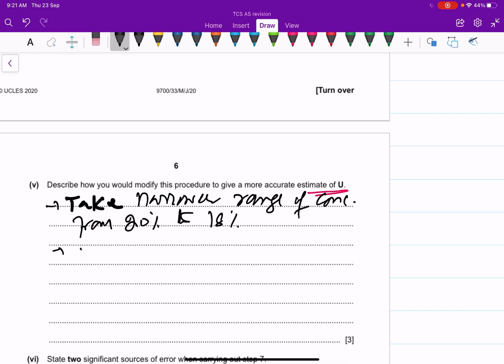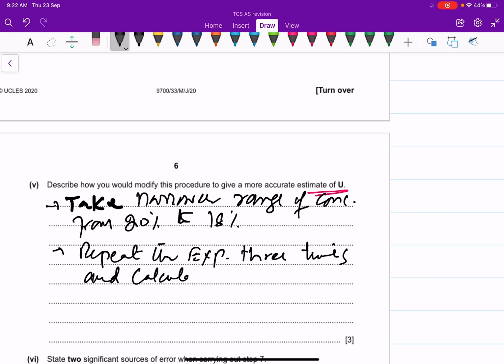Secondly, we can repeat the experiment 3 times and calculate the mean. It will improve the reliability. That would obviously improve the accuracy.